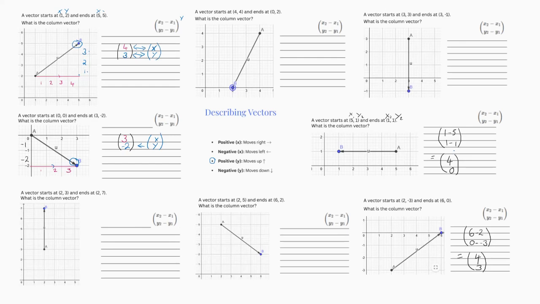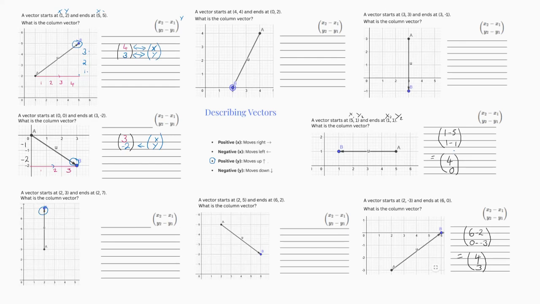Let's go to this one. We've got a vector that starts at 2, 3 and ends at 2, 7. What is the column vector? We can see that it's going up, so that's a positive. If we look here again, it's a positive.